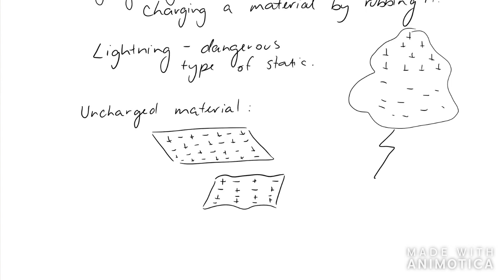And what happens is, depending on what the objects are, so say this one's a paper towel, and this one is an acetate strip, which means a strip of plastic.